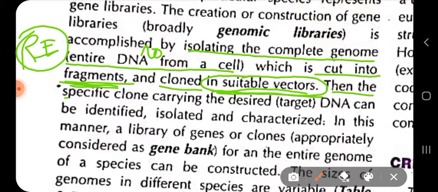Then the specific clone carrying our desired target DNA can be identified. Just like in a library, we search for specific books from the rack of books, then we pull them out and study them on the study table in the library.